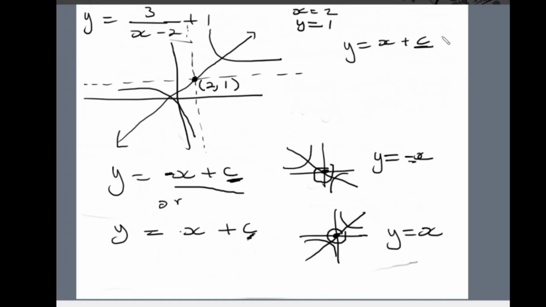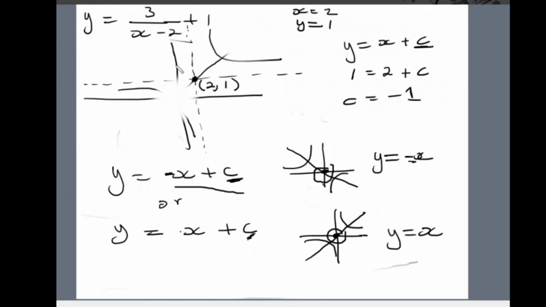Now you can determine the value of c by simply substituting. We know y is 1 and x is 2, right? So now the value of c will be minus 1. So it means this graph will intersect the y-axis at minus 1.